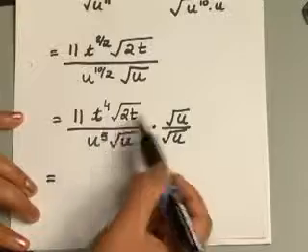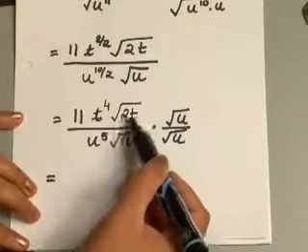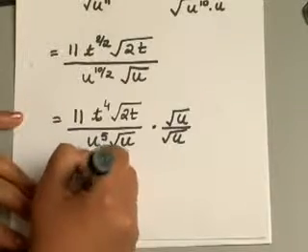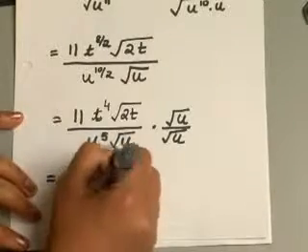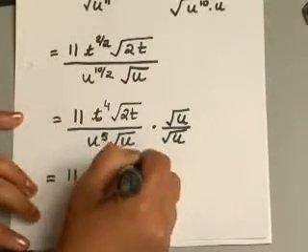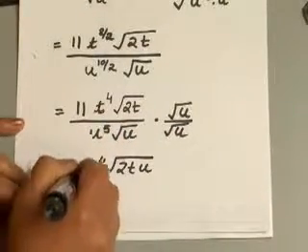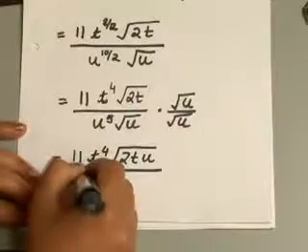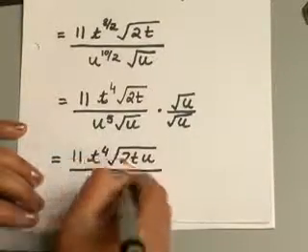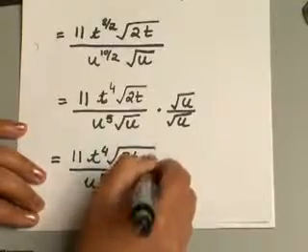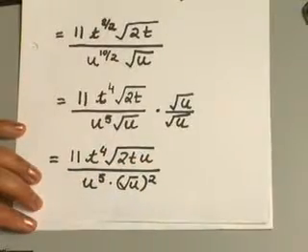Again, square root and square root, so you can go ahead and multiply the 2t with the u, and you will end up with 11 t to the 4th square root of 2tu, all under the same radical. On your denominator, you will end up with u to the 5th times square root of u to the 2nd power.